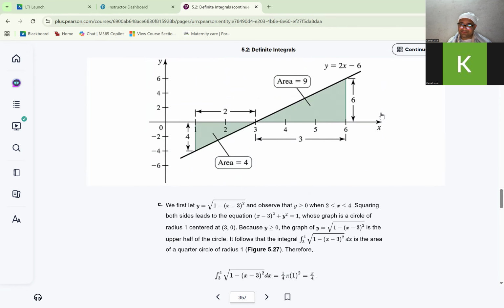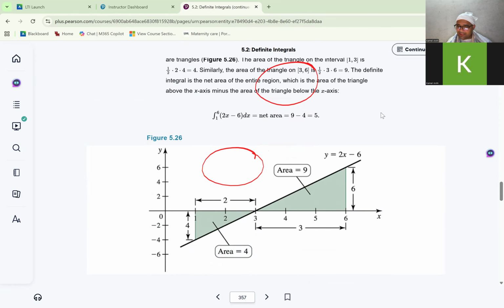Here is another example. In this case, the only concept you have to remember is this area is 9, this part of area is 4, using the areas of the triangle. Then the integral itself would be 9 minus 4, which equals 5. 9 above the x-axis, 4 below the x-axis.